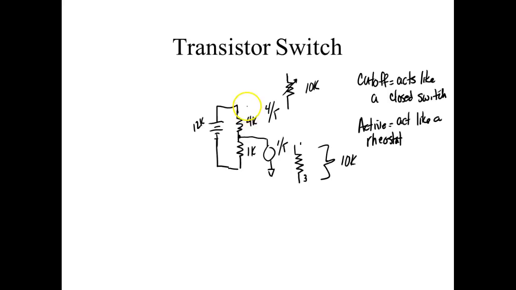So right now, if we call this R1 and we call this R2, then R1 would drop 4K over 5K. So K is going to cancel, right? You understand that? And then we'd multiply that times 12. And then that would give me the voltage drop across R1. So the voltage drop across R2, since it's 1K, is going to be 1K over 5K.